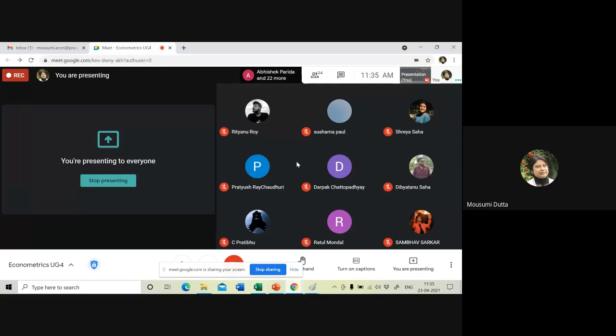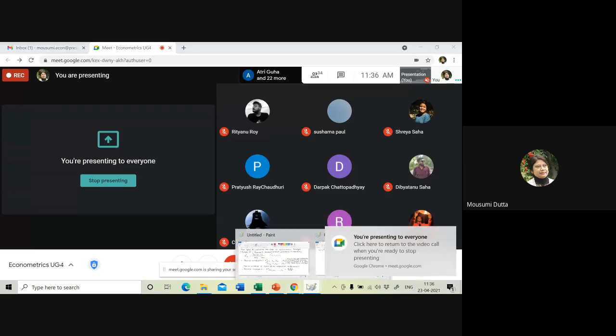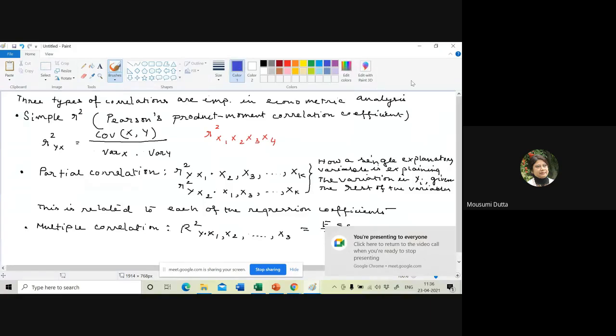Thus, if we have k number of explanatory variables in our model, we consider R square among x1, x2 up to xk.